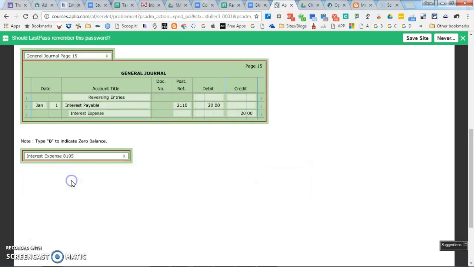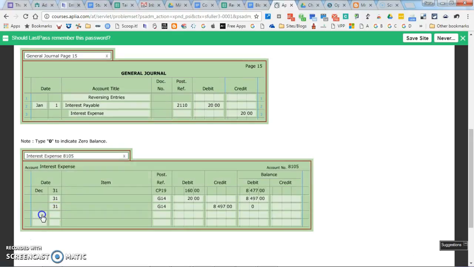Then we have interest expense. Date is January 1st. Post reference is G15. And it's a credit of $20. And so then we'll have a credit balance here of $20. Our post reference is 8105.